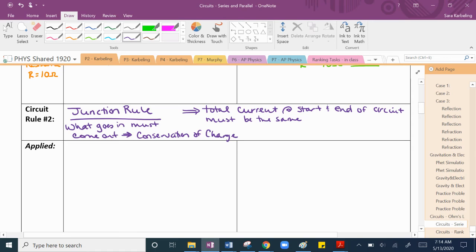We can also say that any split in current must be the sum of the total current. And we'll talk about what that means in just a second.